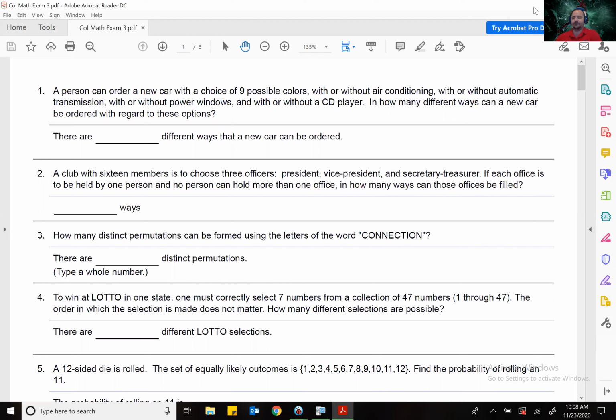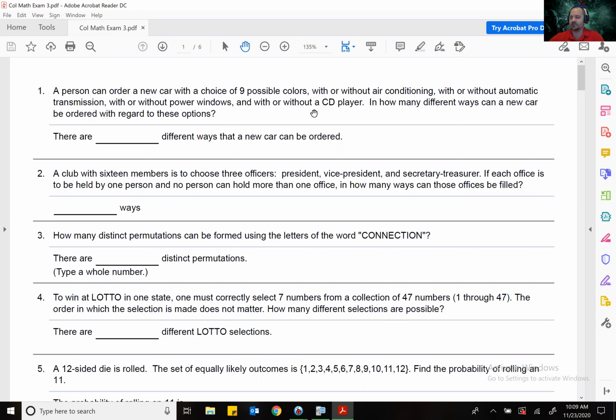This one is your fundamental counting principle because you're choosing one from each of these different groups. Our first choice is color, and there are 9 choices. We multiply that by our next group, which is AC, and there are 2 choices. Either you get it or you don't.